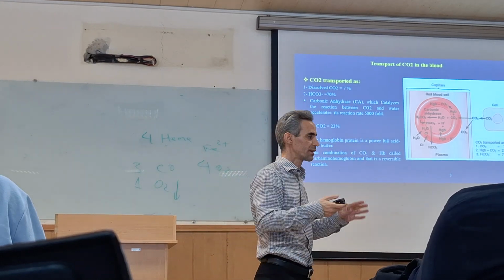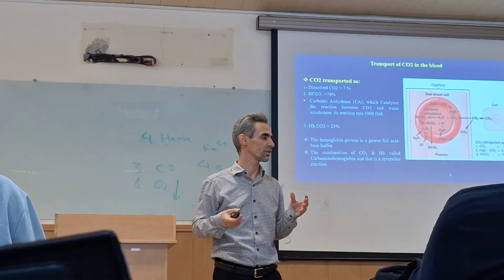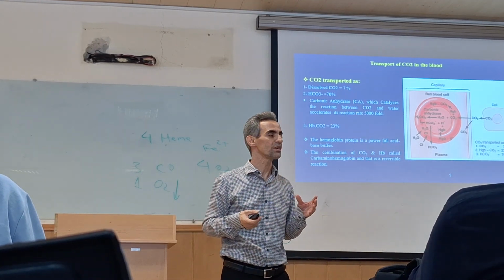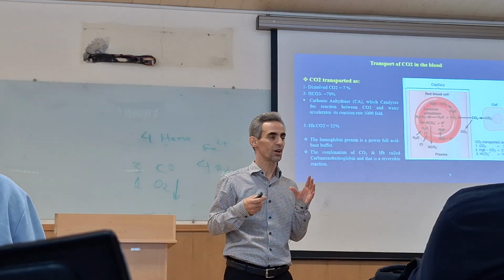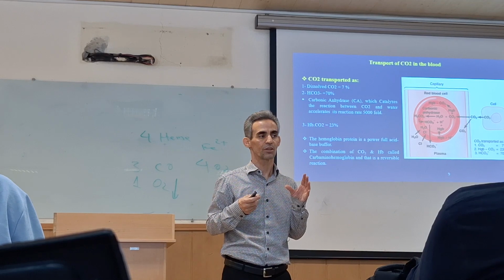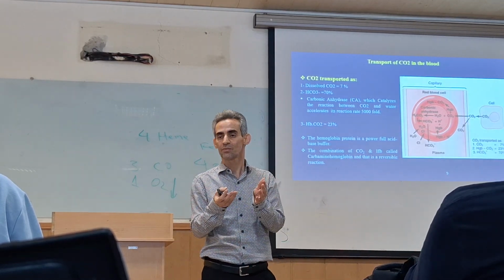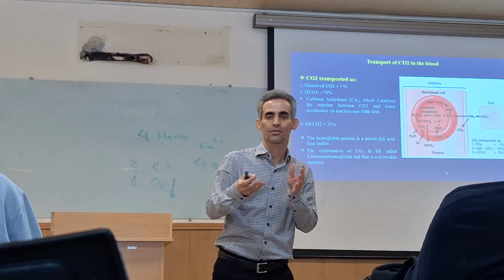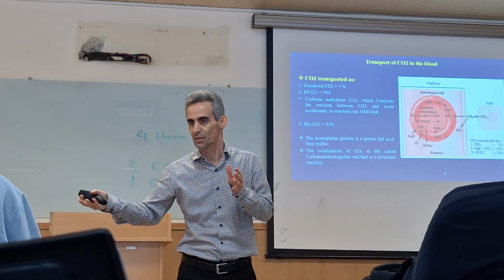Again, I repeat this: 7% of total carbon dioxide lies between water molecules, and the biochemical structure of the carbon dioxide is not changed. It's the same. For this reason, we say that this part of transportation is named physically dissolved.